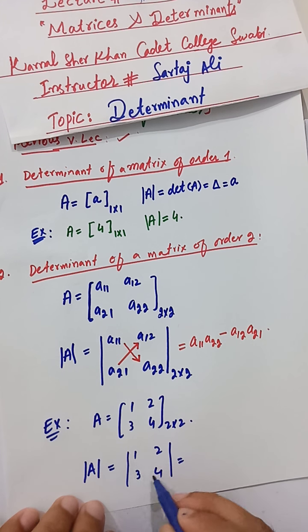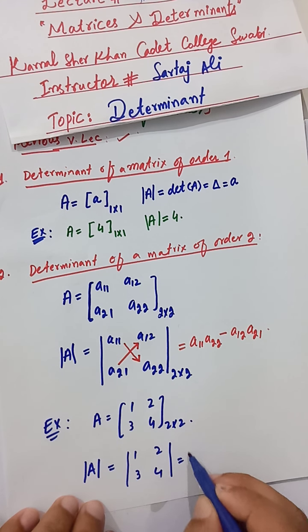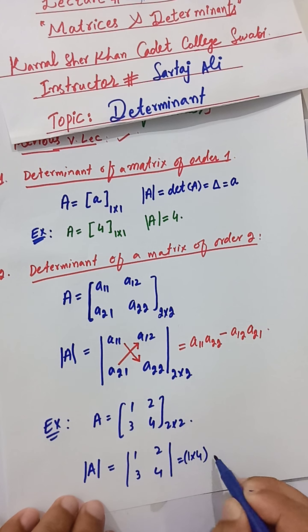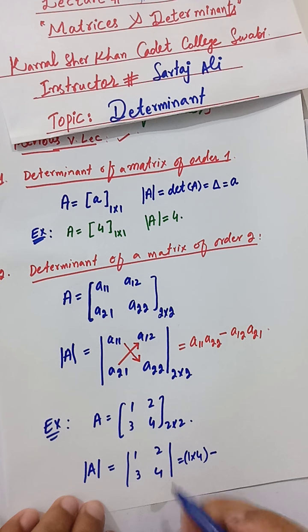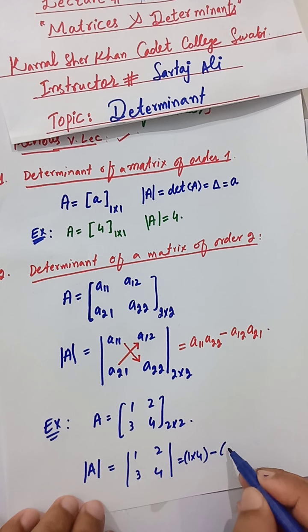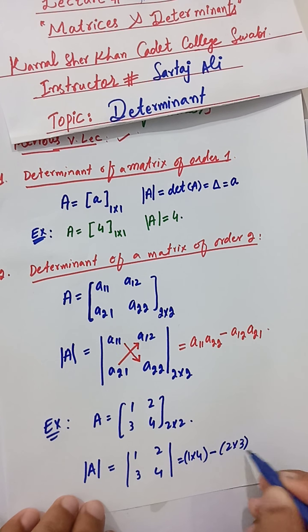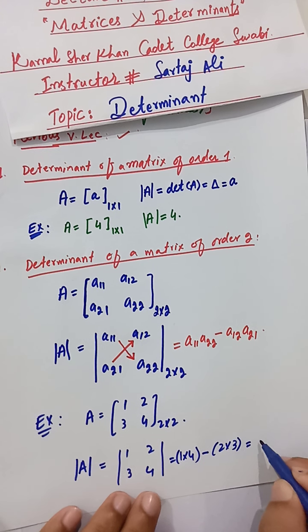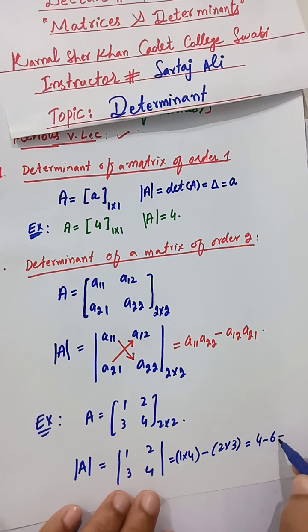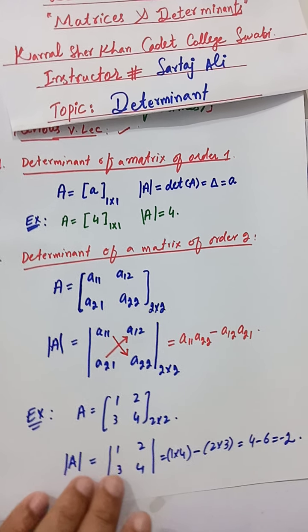So the principal diagonal elements are 1 and 4. So 1 will be multiplied with 4, there will be minus. You see that minus in the definition, and then the non-principal diagonal elements. So non-principal diagonal elements are 2 and 3. So you will multiply 2 with 3 or 3 with 2, because you know that the numbers are commutative with respect to multiplication. So this is 4 minus 6, so you will get minus 2.